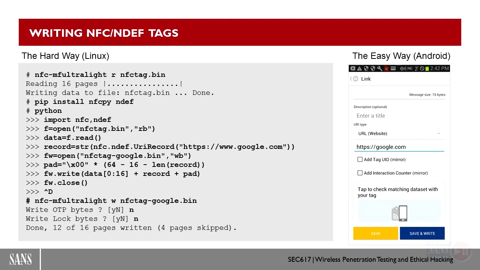Or we can actually use some Android tools to do the same, type it in, not have to worry about Python, and program our NFC tags with the Android phone. For CTF, for that particular challenge, the tags that you have that you just used for this exercise, you will use those same tags. And don't worry about overwriting them with other stuff.